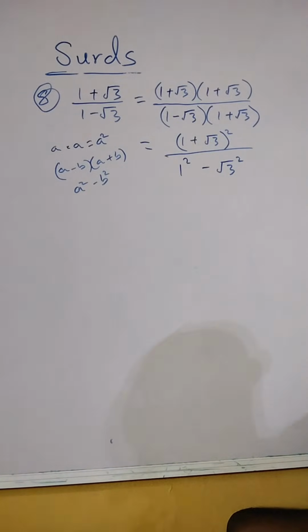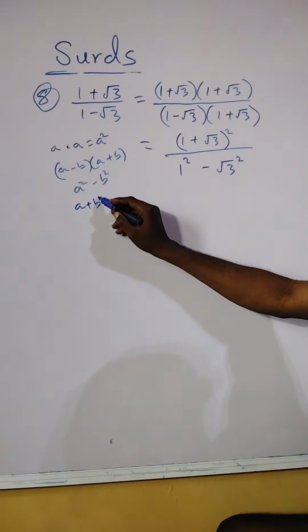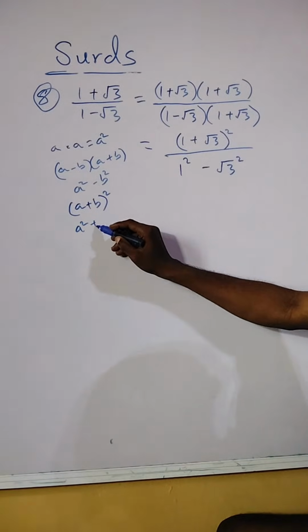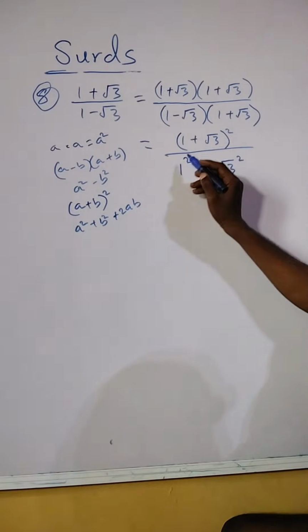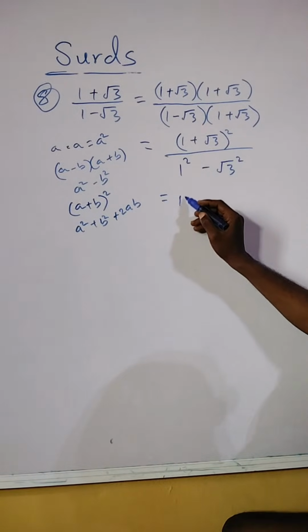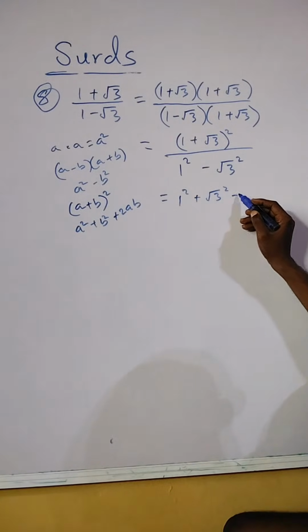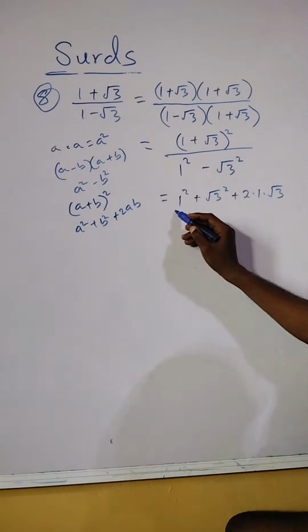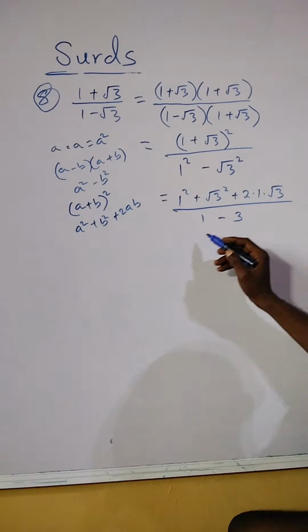Then next step, the expansion up here follows when we have a plus b all squared, which can be written as a square plus b square plus 2ab. That is here, this becomes 1 square plus root 3 square plus 2 times 1 times root 3, divided by 1 square is 1 minus root 3 square, that's 3.